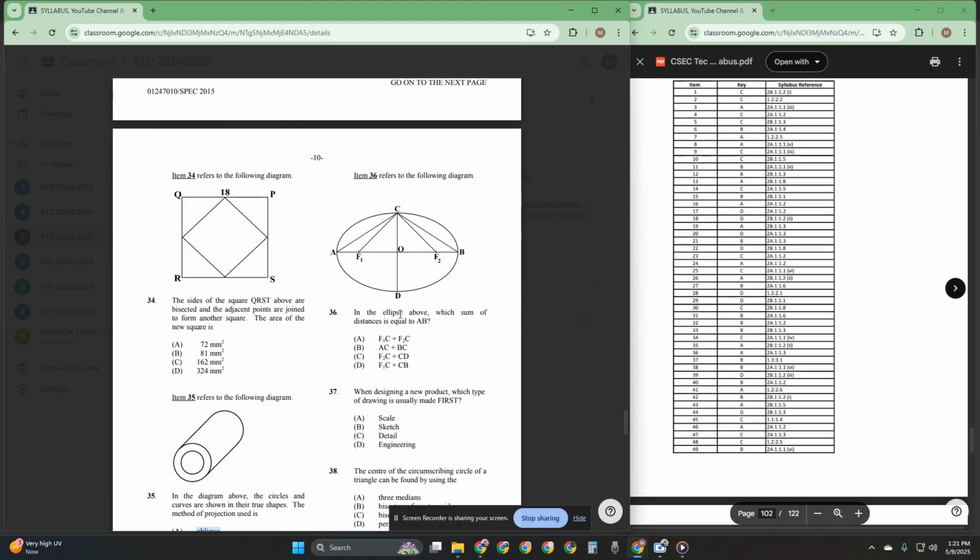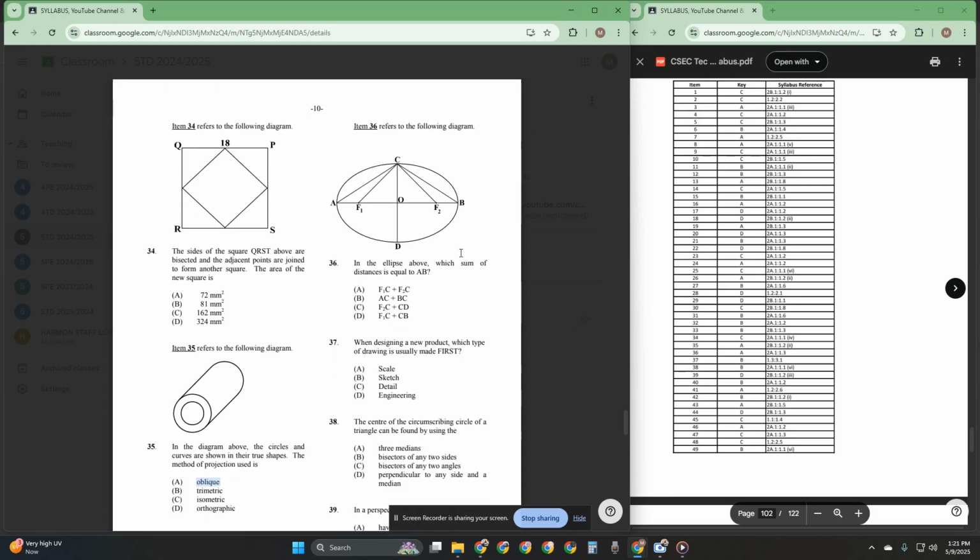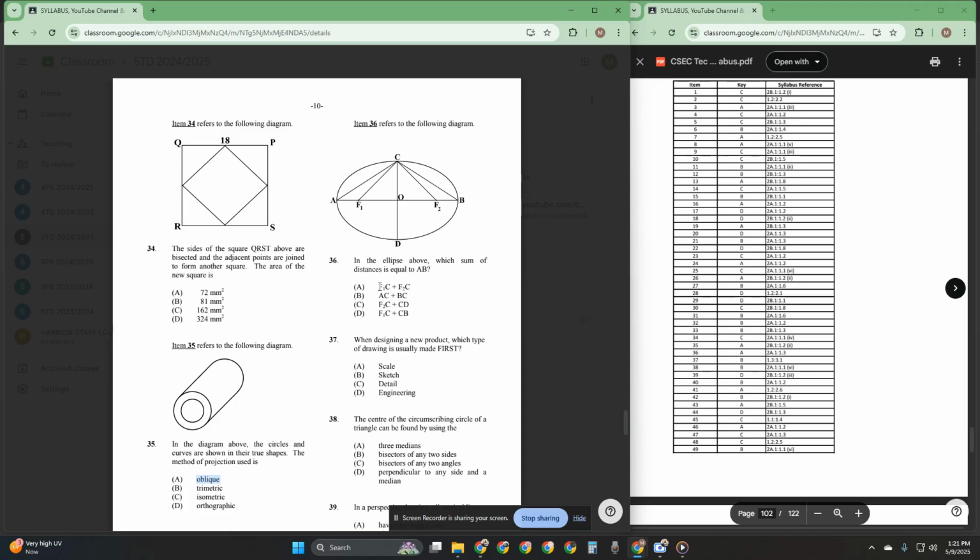Number 36, in the ellipse above, which sum of distances is equal to AB? So I have F1C, which is this line, plus F2C, which is this line. They have AC plus BC, F2C plus CD, and F1C plus CB.